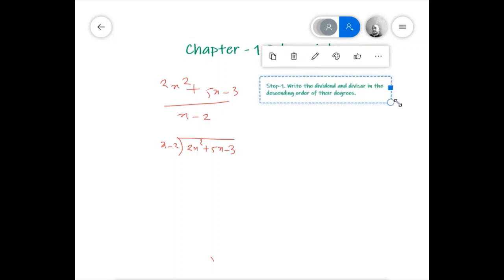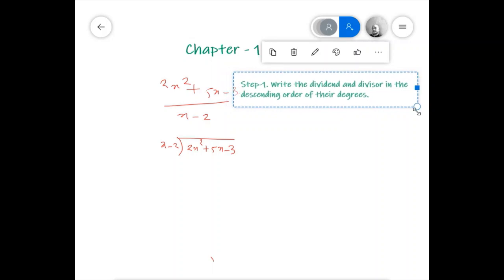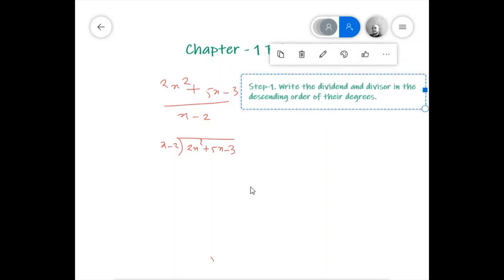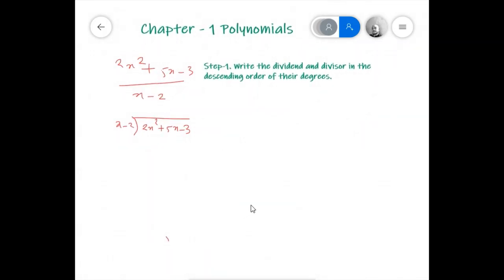Step 1 says write the dividend and the divisor in the descending order of degrees. Remember this always: if the degrees are already arranged in descending order, we do not have to rearrange them. But if the degrees are given in an unarranged way, we are required to arrange them first.